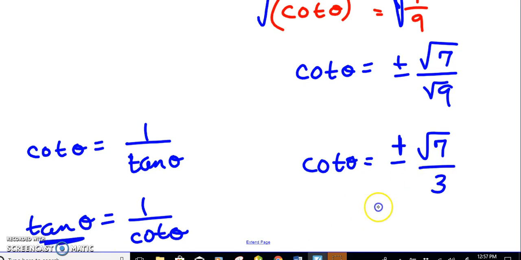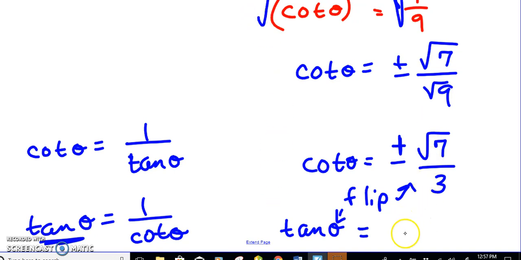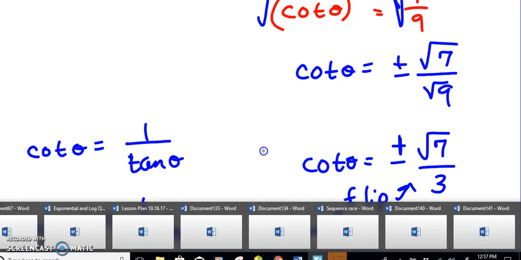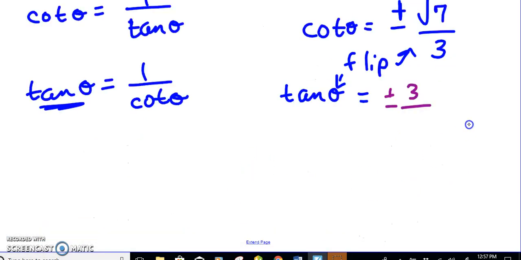So if we flip this, tangent theta would be plus or minus 3 over the square root of 7. And then we know we can't have a square root in the denominator.